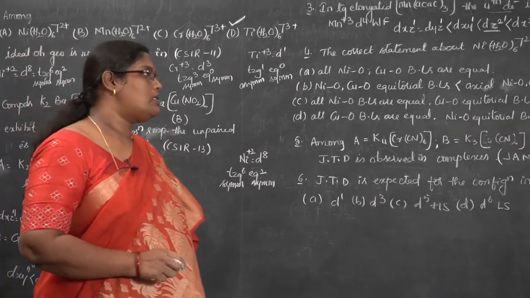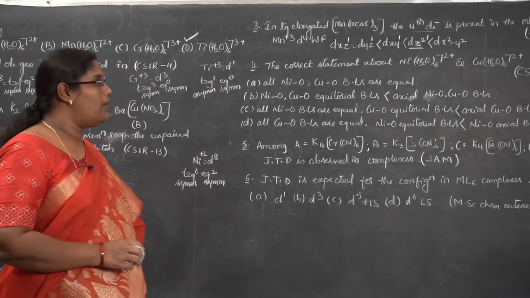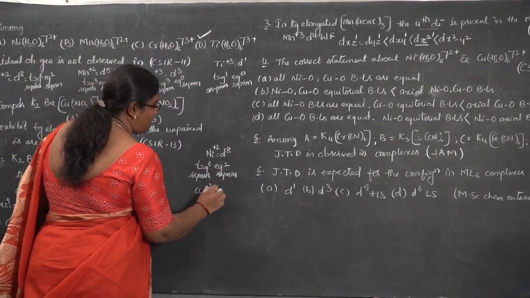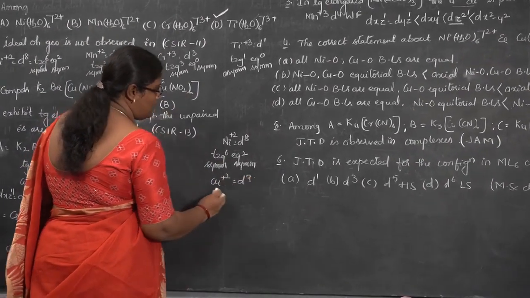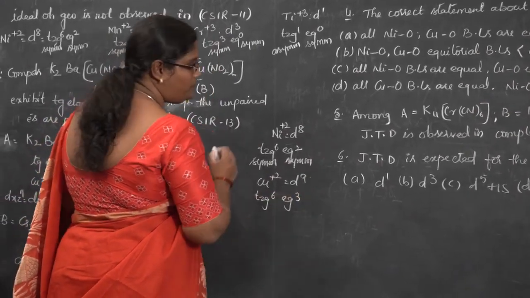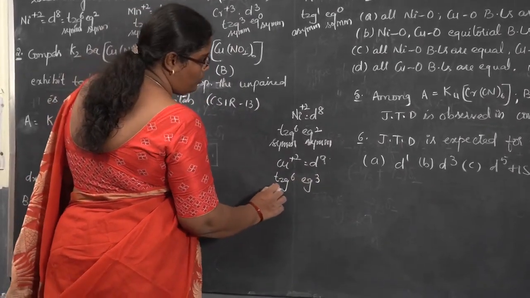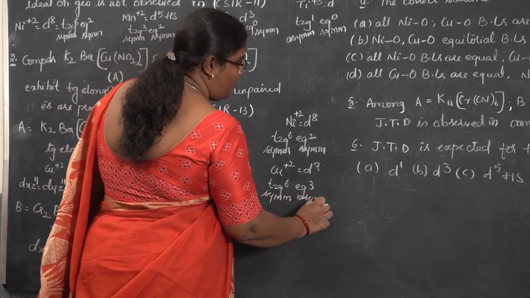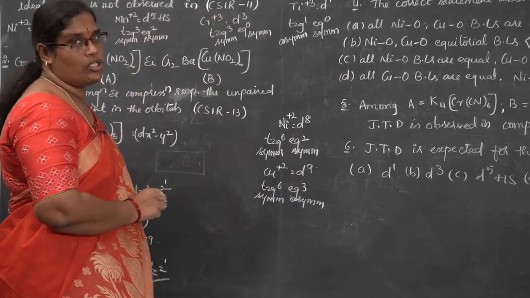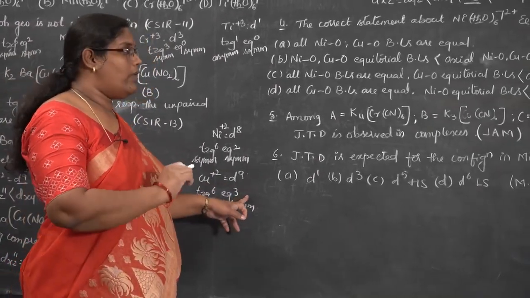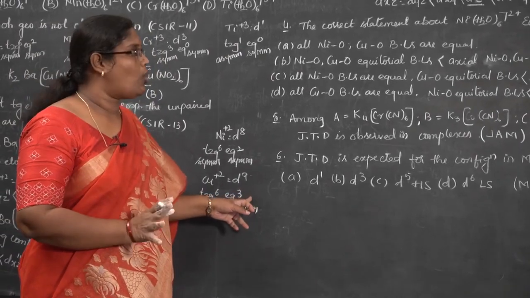All the nickel oxygen bond lengths must be similar. And when I take the copper complex Cu plus 2, it is D9 system, T2G6 Eg3. So T2G is symmetric, Eg is asymmetric, means we can have the distortion. But whether it is elongation or compression, we cannot identify by seeing the complex.